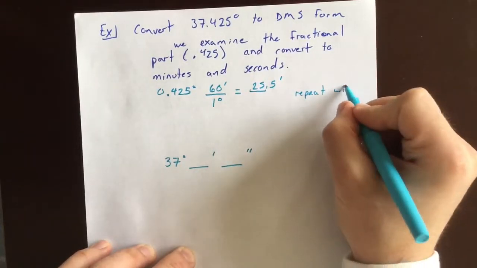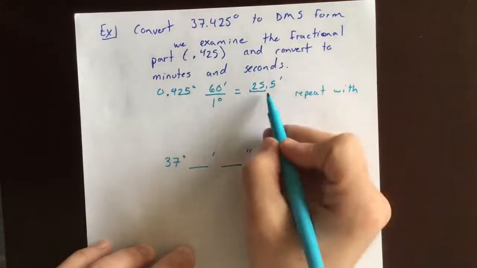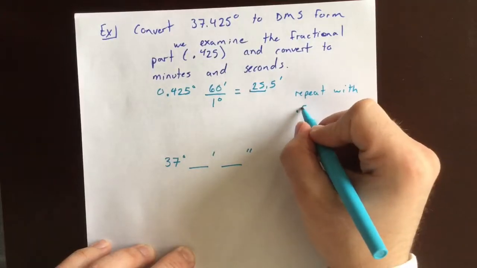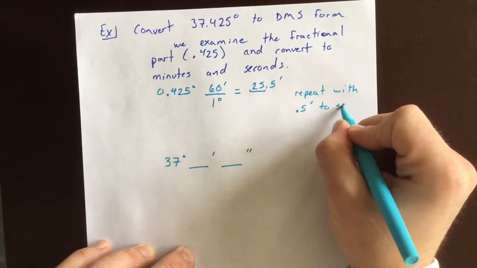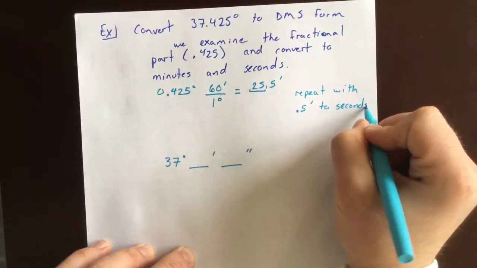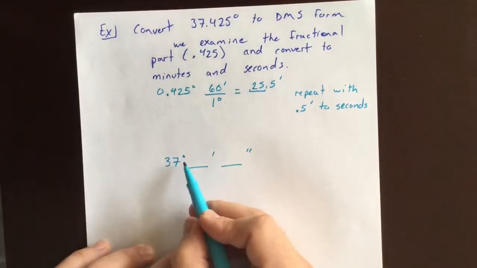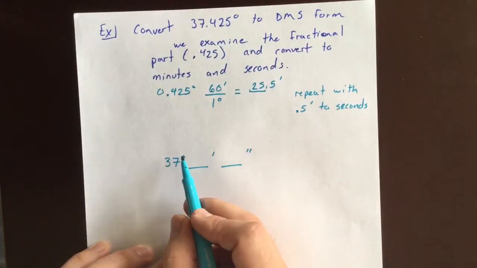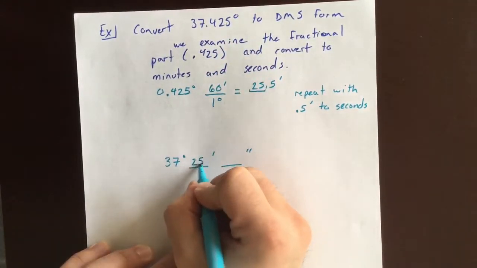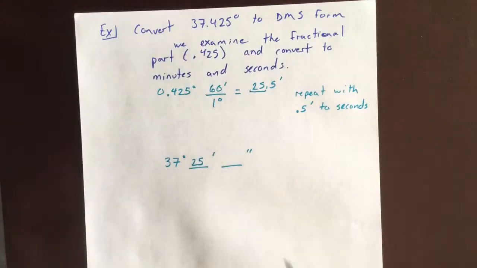So we now repeat again with the fractional part, which is 0.5. So 0.5 minutes, and we're converting that to seconds. So far, we know that 37.425 degrees is 37 degrees, 25 minutes. And how many seconds?